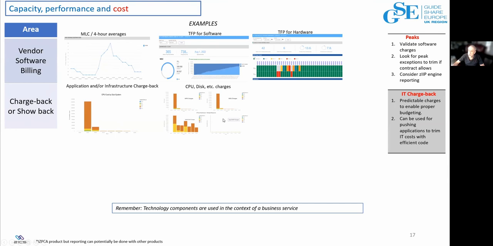And showback or chargeback is always custom. You might have some custom reports to reflect your charges back to the application area. So if they made a change, it's really useful to be able to mount that back to the application folks to say, this business service is worth this amount of money we're spending on the infrastructure side.